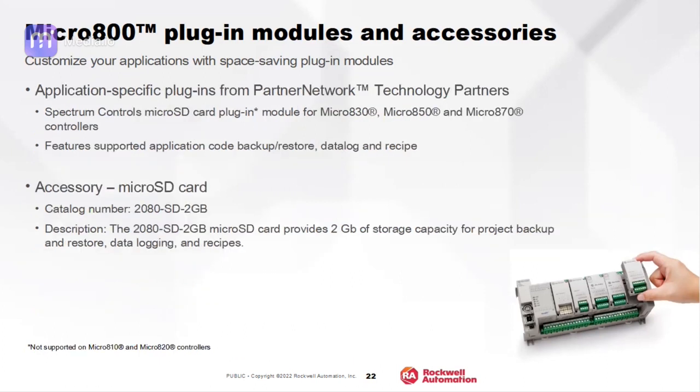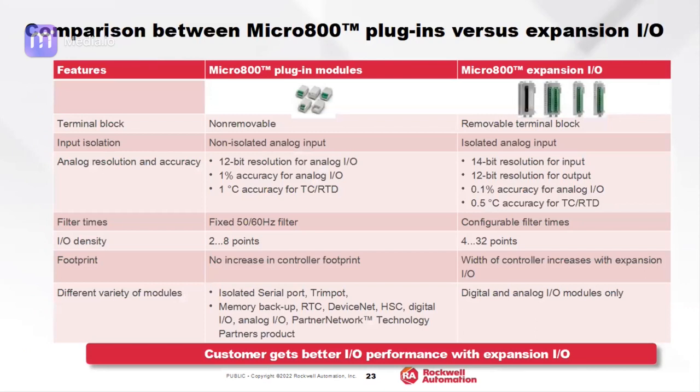The memory card is available up to 2 GB capacity. So these are the features of the expansion modules and plug-in modules. Plug-in modules have 1% accuracy for analog IOs, and they are non-isolated. All plug-in modules are non-isolated.